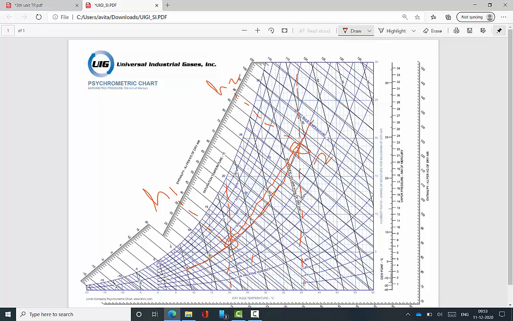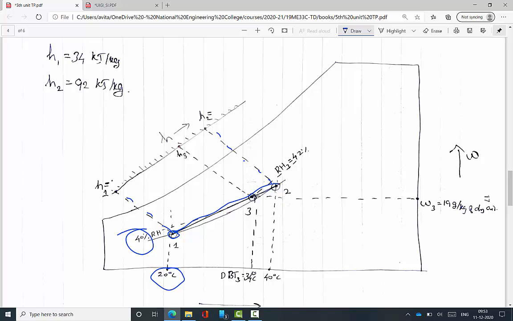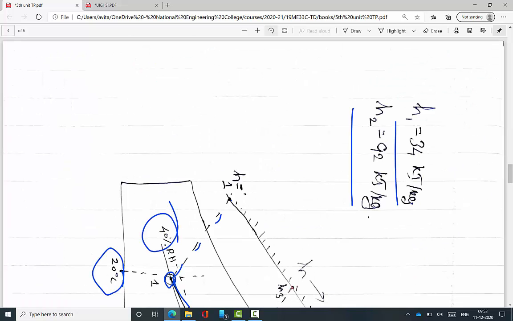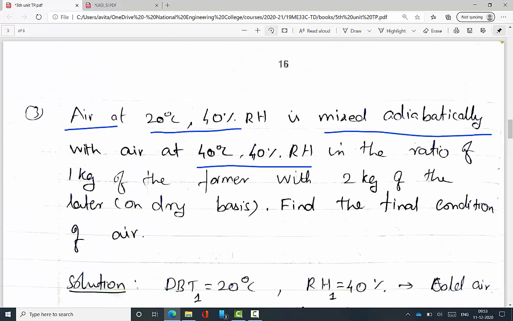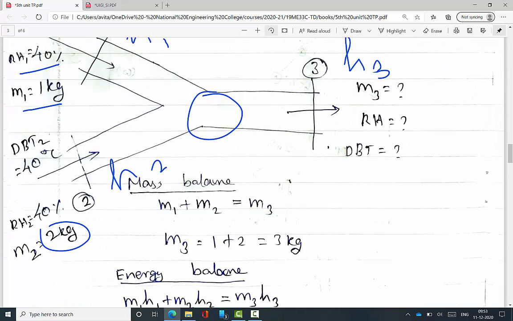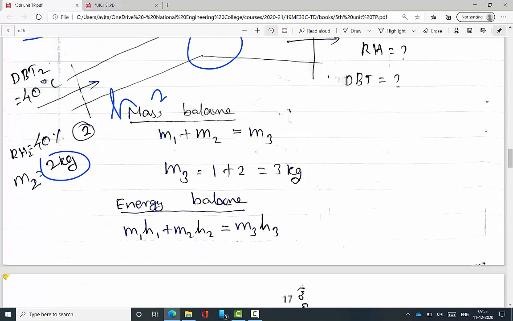From the psychrometric chart, we get H1 equal to 34 kilojoules per kg and H2 equal to 92 kilojoules per kg. Therefore, in the energy balance equation, m1h1 plus m2h2 equals m3h3.